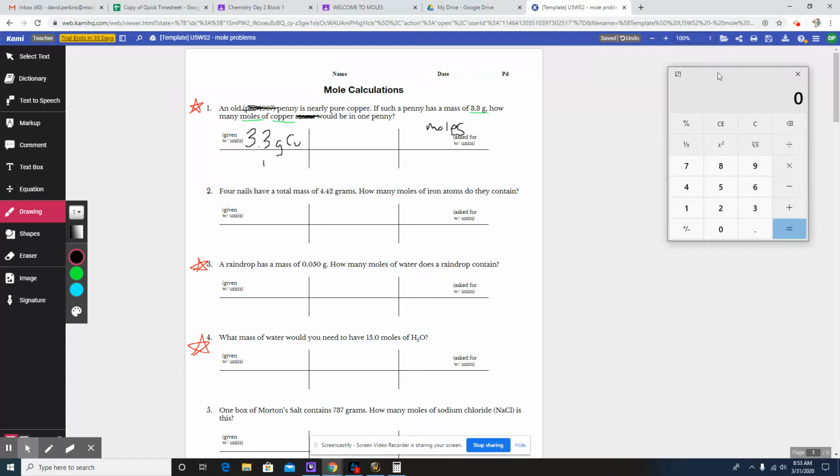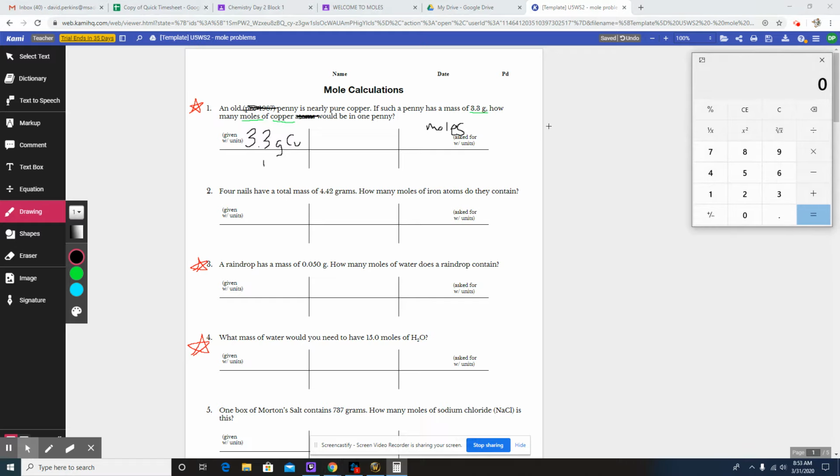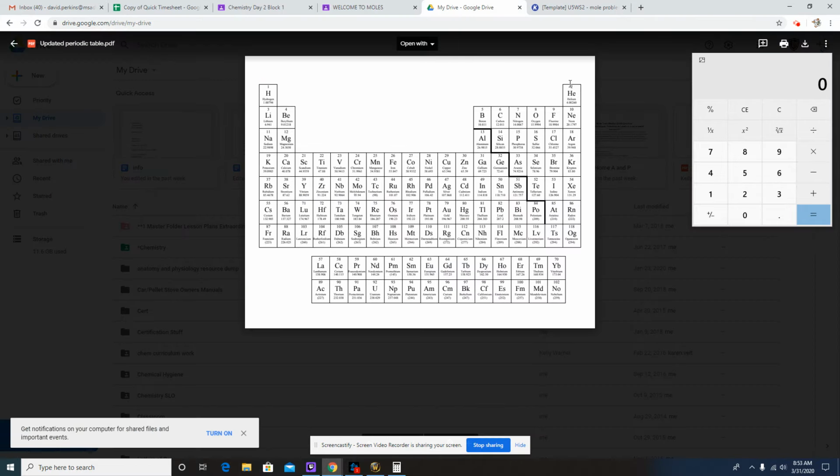And what I need to do, maybe I'll do it over here, is I need to figure out how many. Oh, I can't write over there. All right, I'll do it above. I need to figure out how many grams of copper are equal to 1 mole of copper.